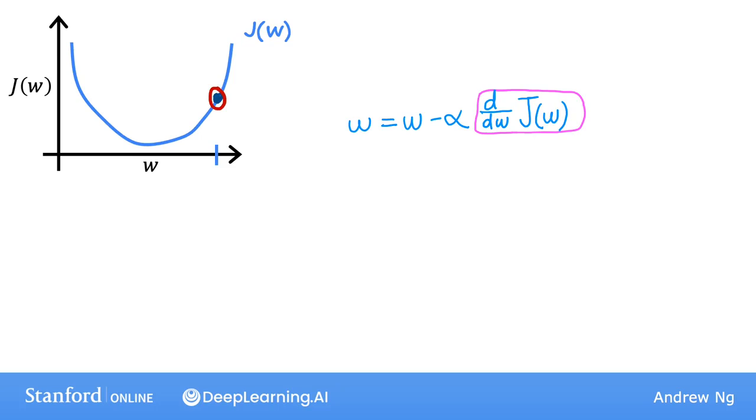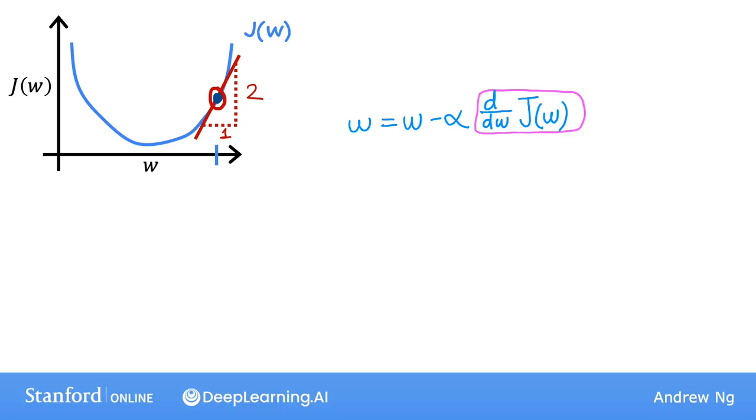A way to think about the derivative at this point on the line is to draw a tangent line, which is a straight line that touches this curve at that point. In math, the slope of this line is the derivative of the function J at this point. To get the slope, you can draw a little triangle like this. If you compute the height divided by the width of this triangle, that is the slope. For example, the slope might be 2 over 1.